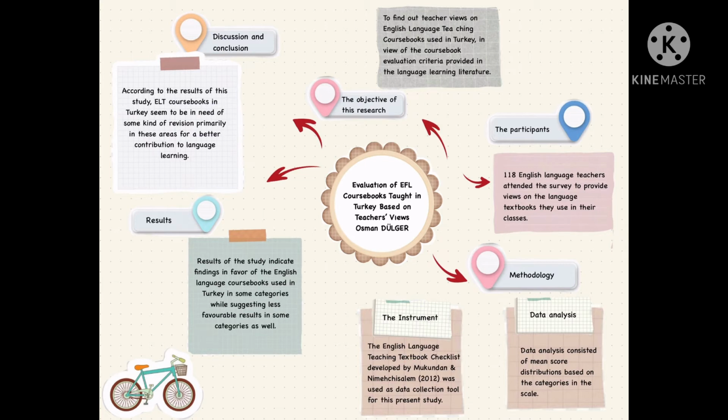For the instrument, the English language teaching textbook checklist developed by Mukundan and Nimehchisalem in 2012 was used as a data collection tool for this study. Data analysis consists of mean score distribution based on the categories in the scale. And next is the result of this study.